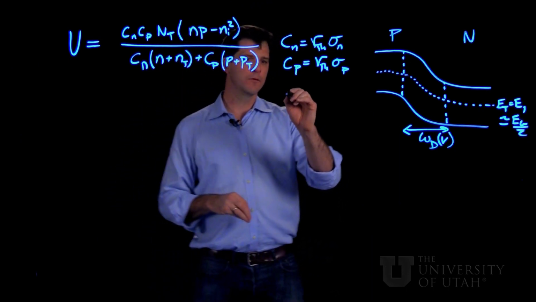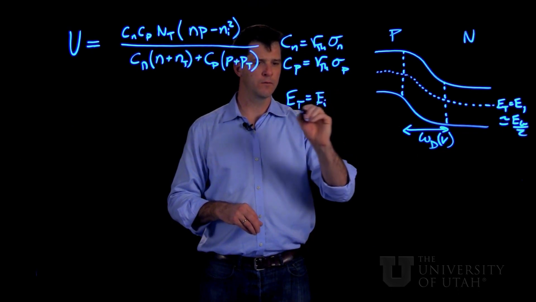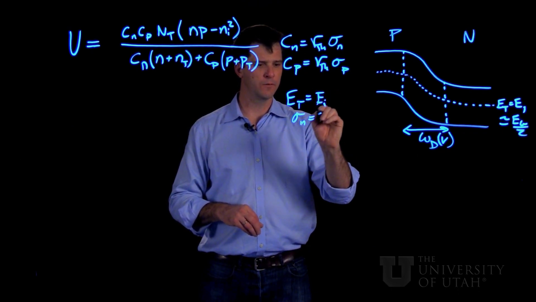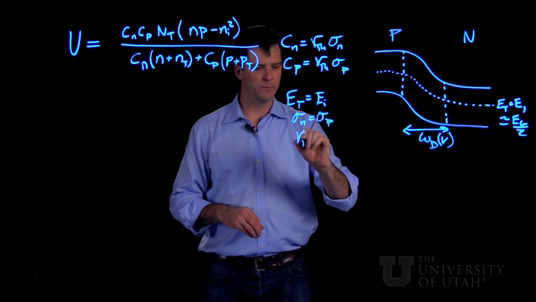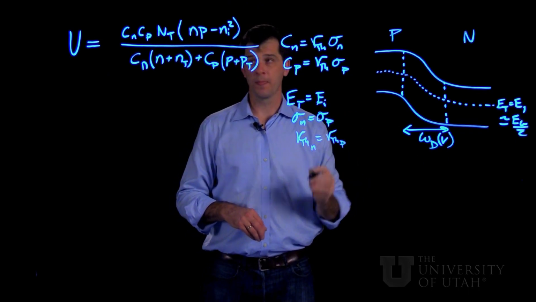Now further, we're assuming here that E trap equals Ei. We're also going to assume that sigma n equals sigma p and V thermal n equals V thermal p.